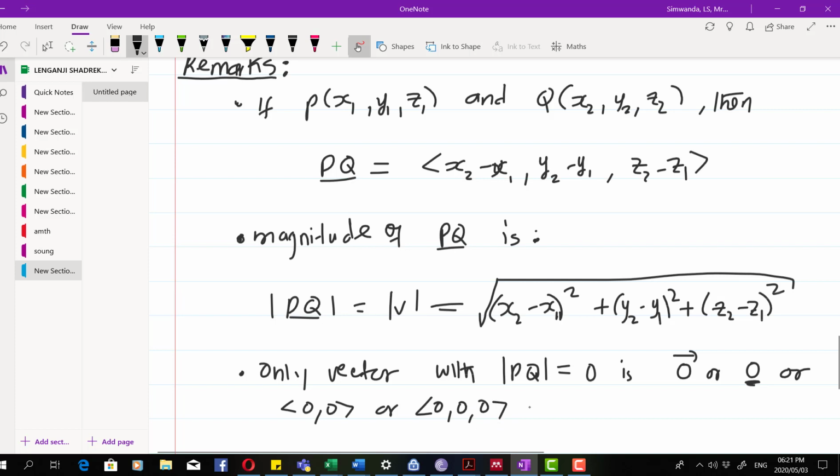And in terms of direction, the 0 vector is the only vector without a specific direction. So there's no specified direction for a 0 vector. Okay, so that's what we get.